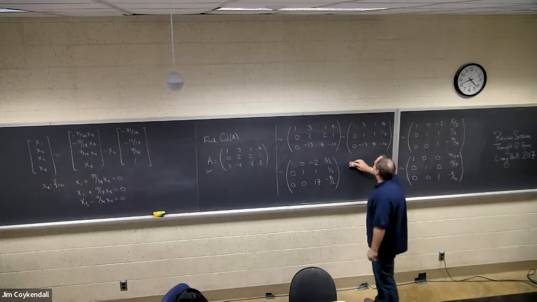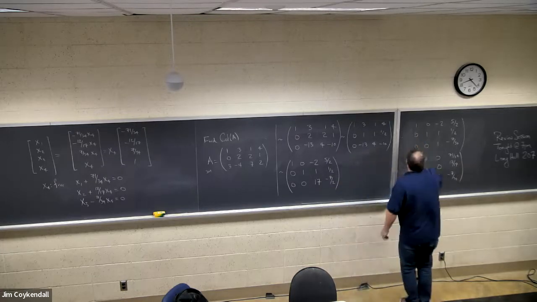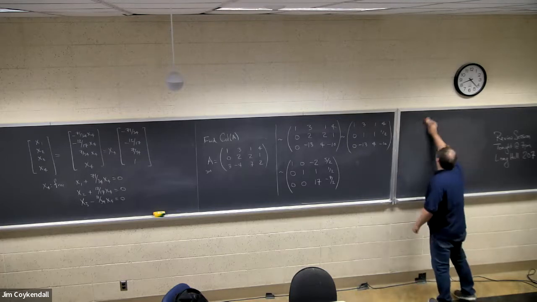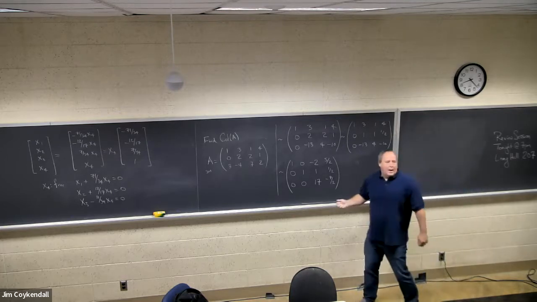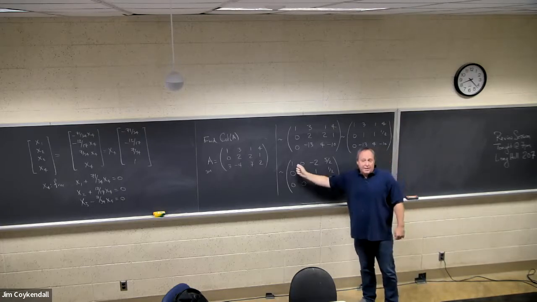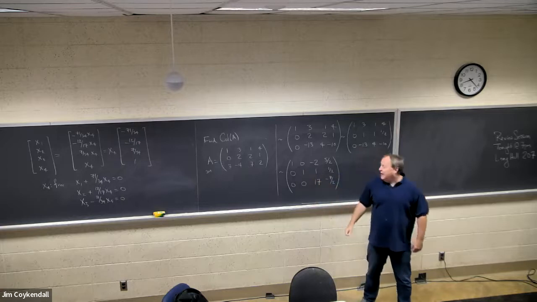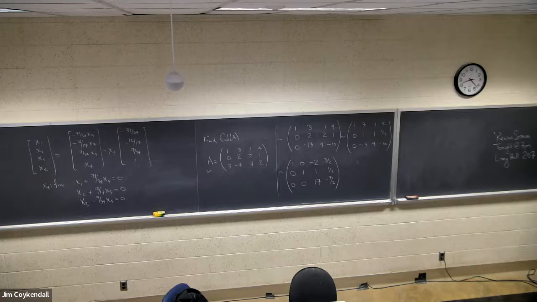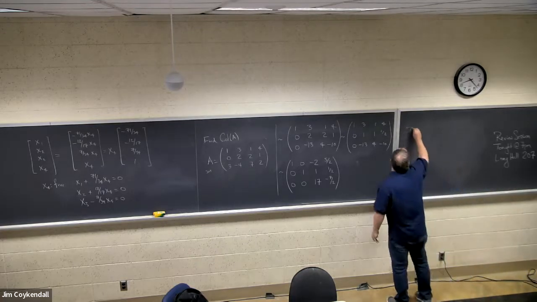I quit. In fact, I quit after this. To blazes with these stupid fractions. How many pivot columns do I have? I've got three. Everybody pick them out here: 1, 2, 3. In fact, I didn't even need to do that much work to know that there are three pivot columns. And that's it.